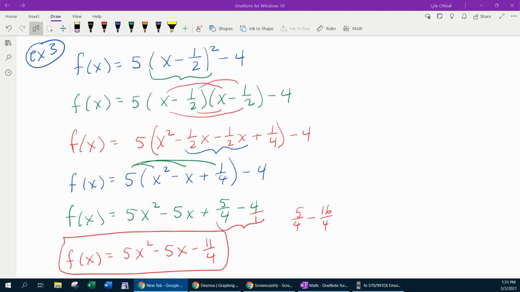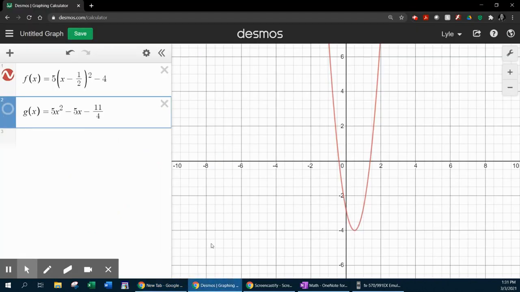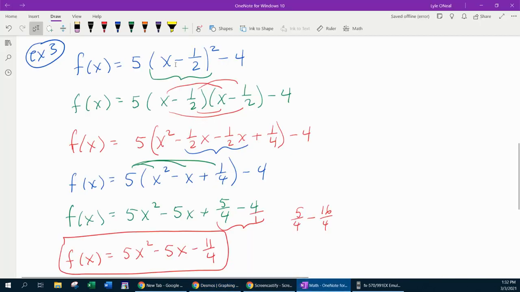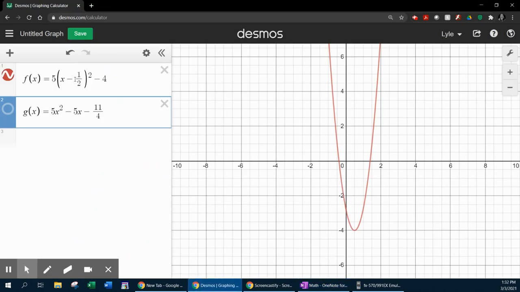Okay, now before I move on, one thing I haven't mentioned yet. If you're not sure whether your math is correct, you can use Desmos to check. So what I've done here, if you'll notice, the initial function I have graphed in Desmos, that is the red graph.